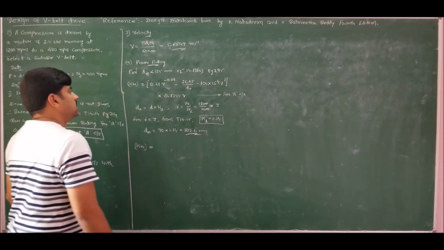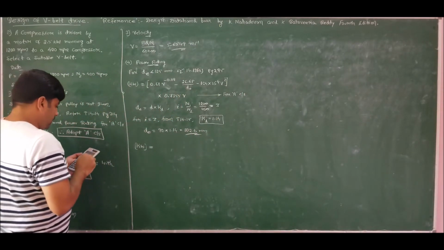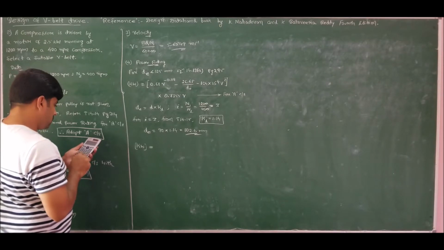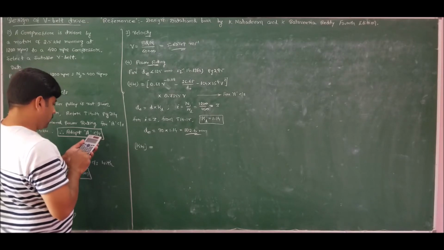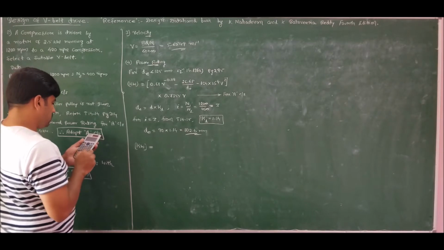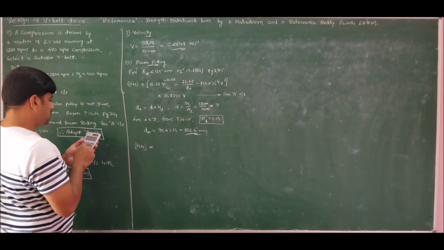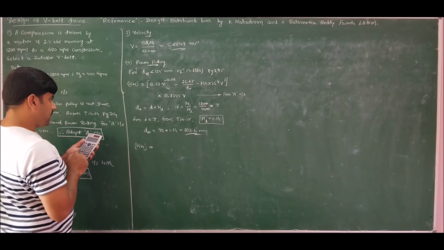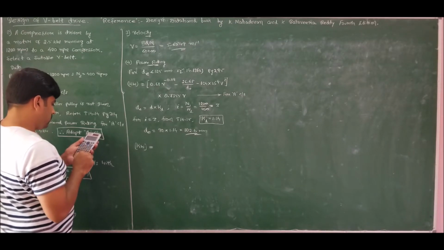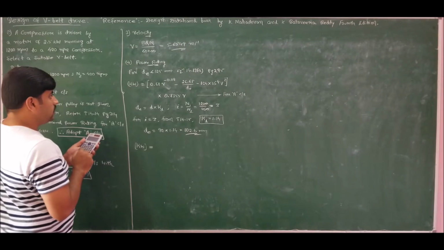For A cross section, if I substitute all the values and solve, I will get 0.61 into velocity, which is 5.6549, to the power of minus 0.09, minus 26.68 divided by equivalent diameter, which is 102.6, minus 104 into 10 to the power of minus 4 into v square.